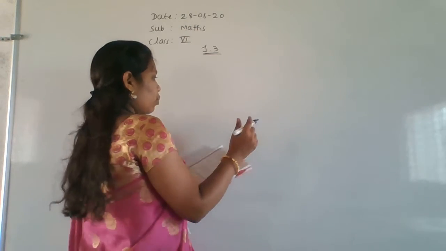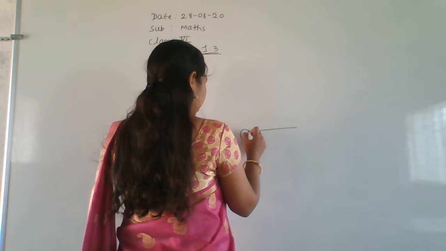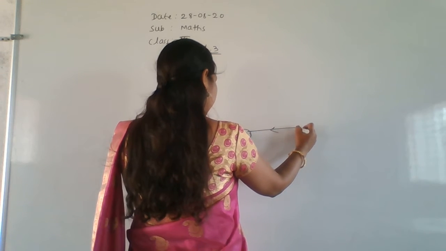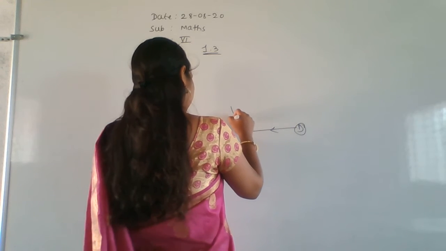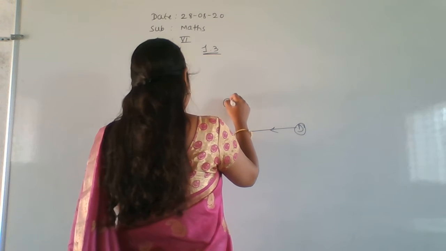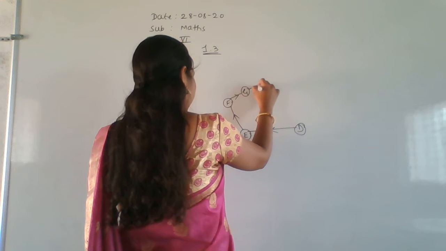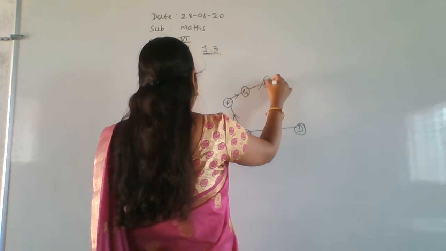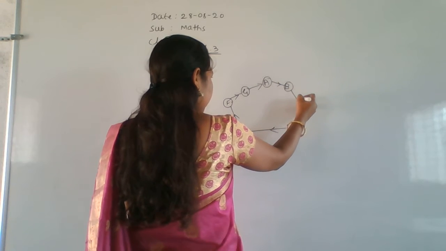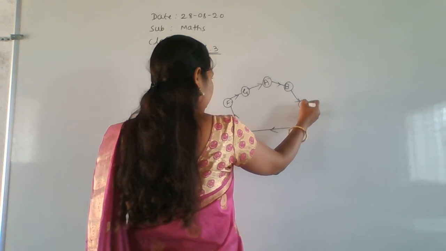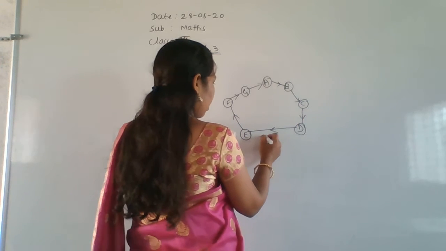So open the textbook, then only we come to know like this. Here E and direction, then B, F, G, A, B, C, here D. Whatever distance they gave, you have to write that one.